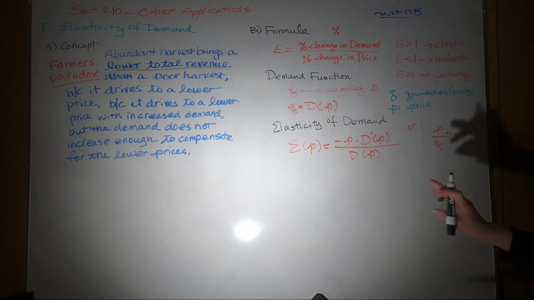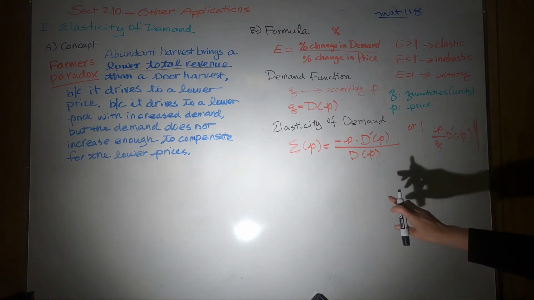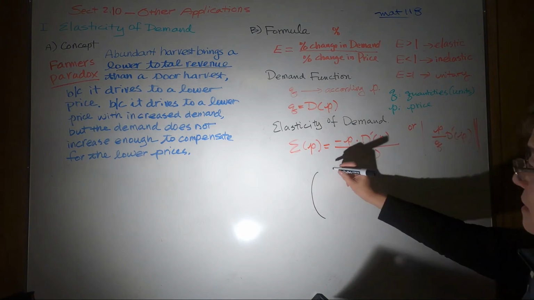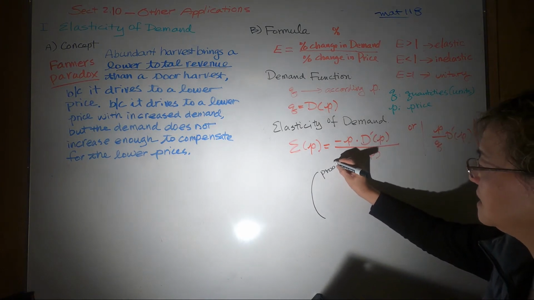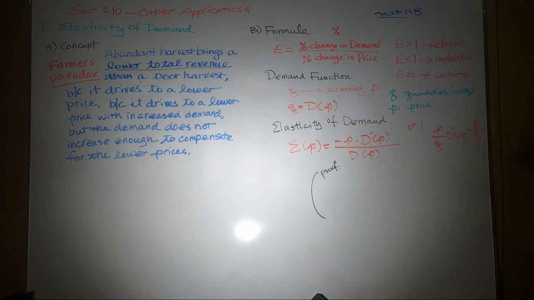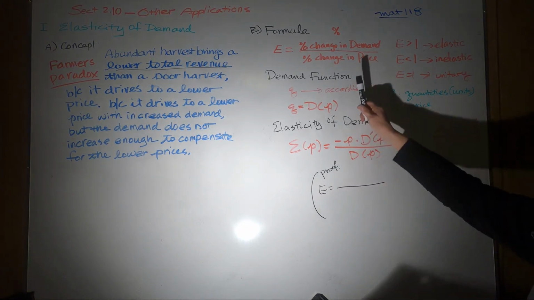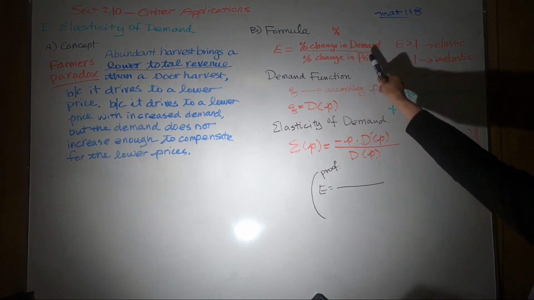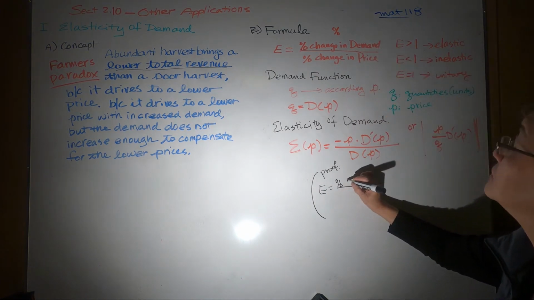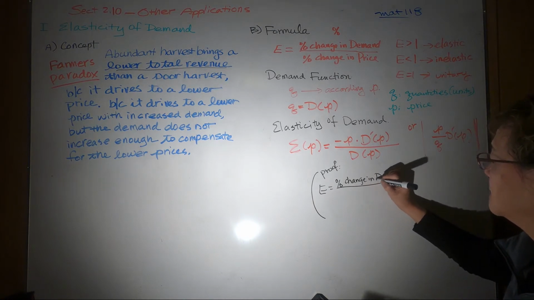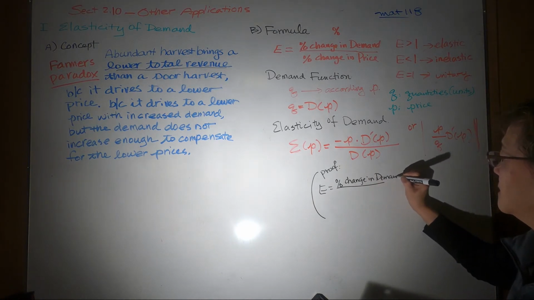Okay, so let's talk about how it is derived. Okay, so usually in math we call it a proof. Okay, so we were talking about E, which is the percentage change in demand, right?